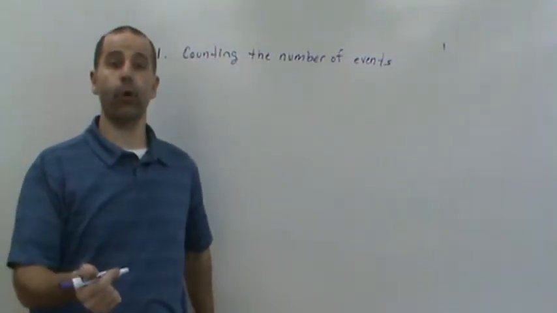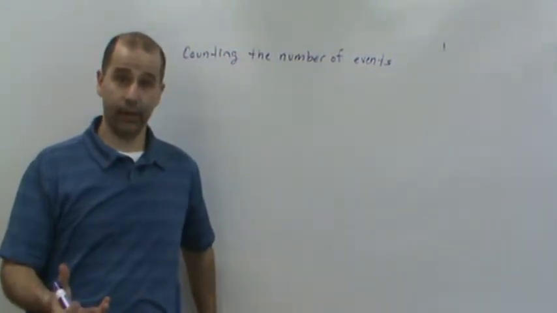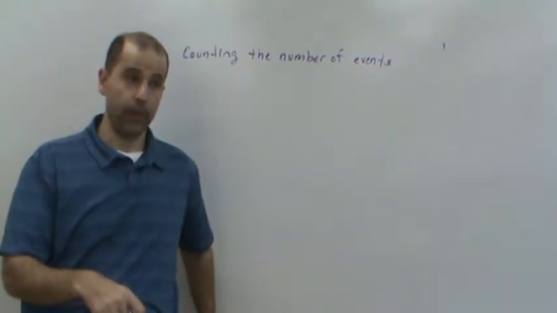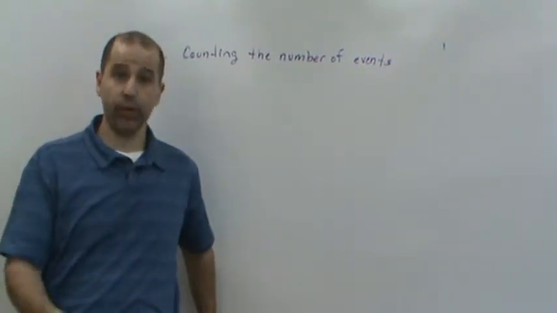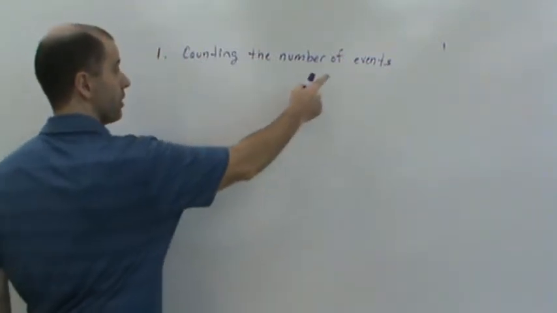So counting the number of events. That's like the number of phone calls, the number of bacteria in an area of a petri dish, the number of accidents or the number of cars that cross a certain intersection. Those are the events that we're counting.